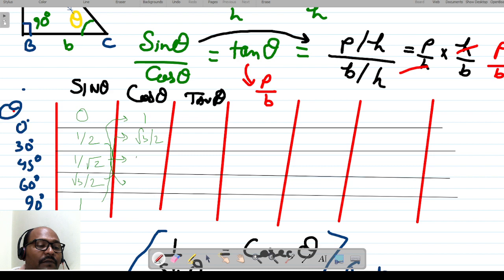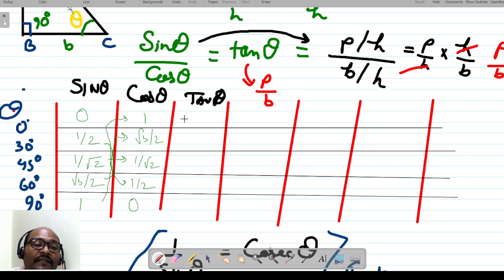Sin 45 will be the same, 1 by root 2. It's going in the reverse direction, mind it. The value of sin 30 is 1 by 2, so the value of cos 60 will be 1 by 2, and the value of cos 90 will be, tell me students, 0. Yes.